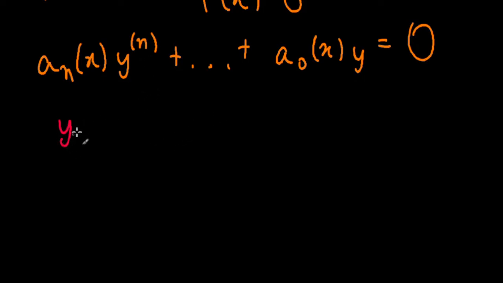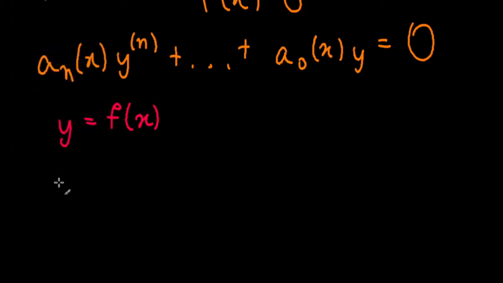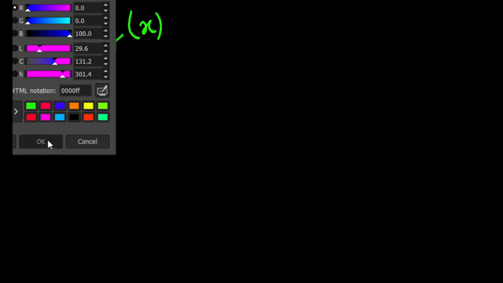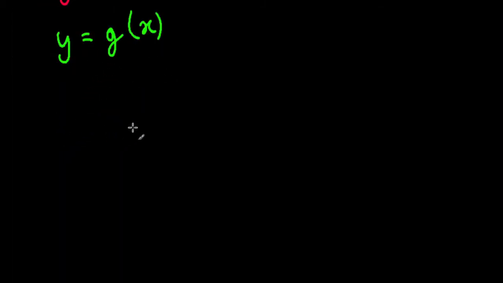Let's say it has two solutions, y equals f of x, and another solution is y equals g of x. So if you have a linear homogeneous differential equation in your hands, you have one solution, y equals f of x, and another solution, y equals g of x.